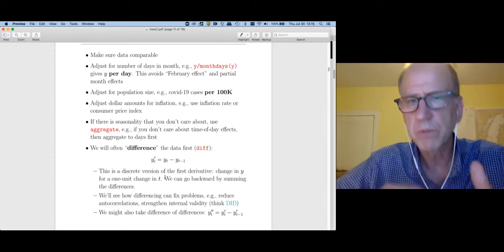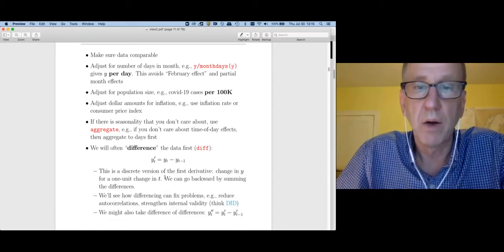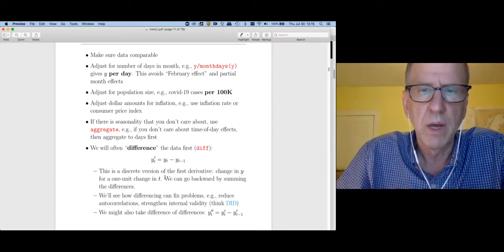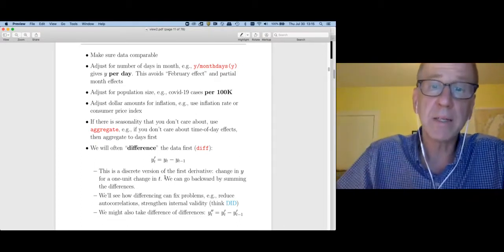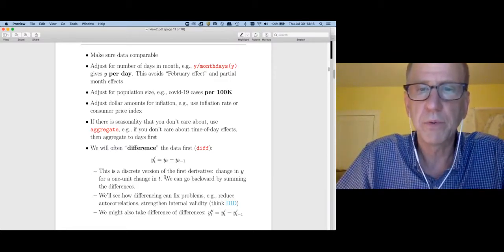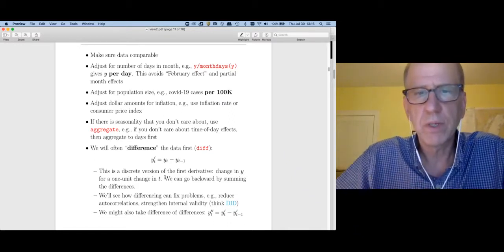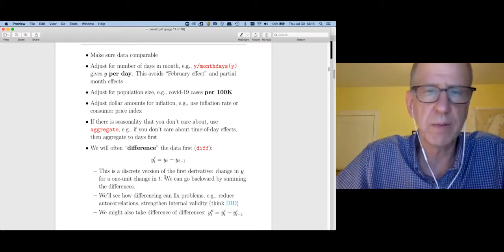And so we go to difference data to avoid problems with, for example, autocorrelation of our errors. We fit our model, then we go back to the original data with another transformation after we've estimated our model. So that's a really important technique that we're going to be using with time series.